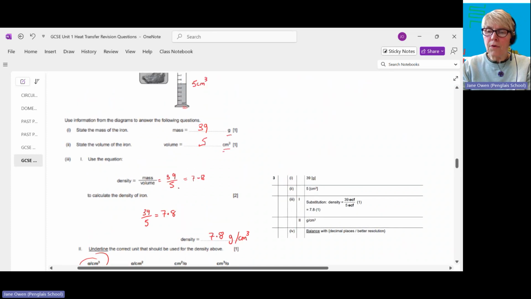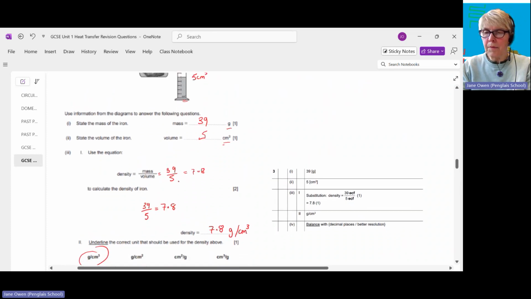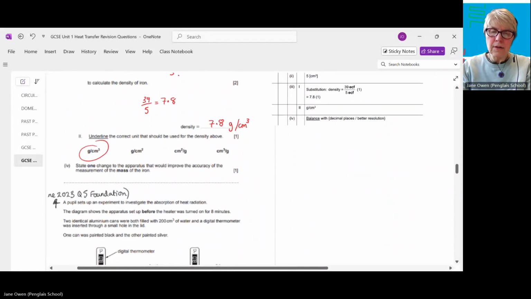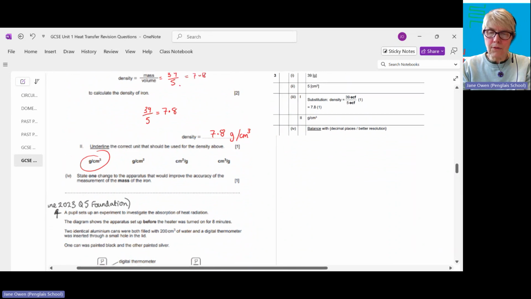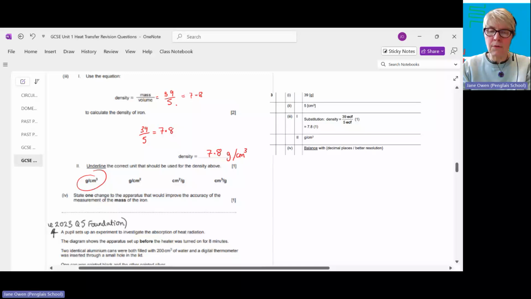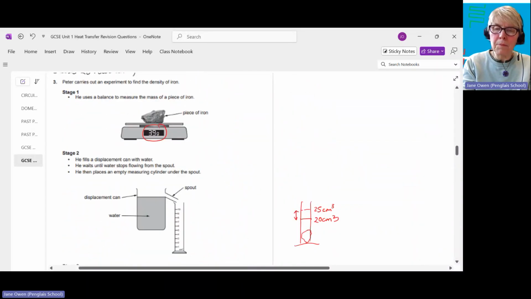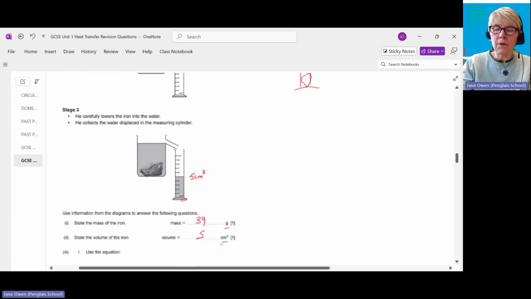Okay, because volume is in a cube, centimeter cubed, length times length times length. State one change to the apparatus that would improve the accuracy of the measurement of the mass of iron. Well, they want it on the mass. Maybe you could use a mass balance with greater resolution. So, for example, that would be 39.1 or 39.2, i.e. you can read it to the nearest 0.1 of a gram.